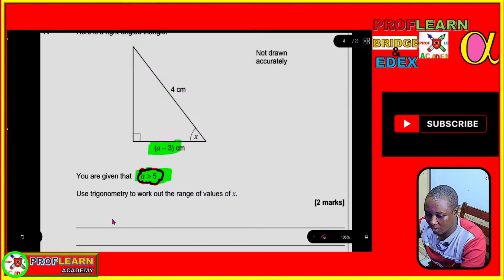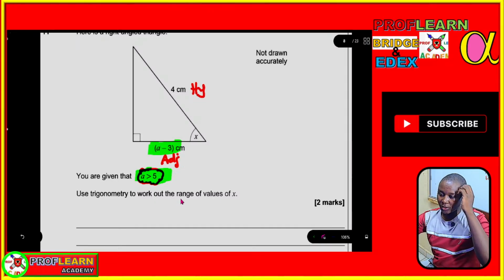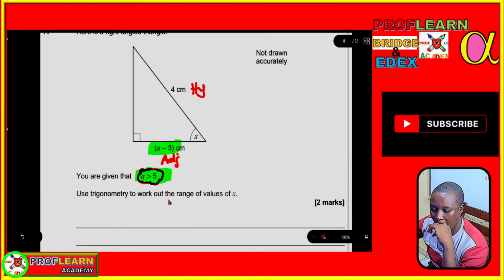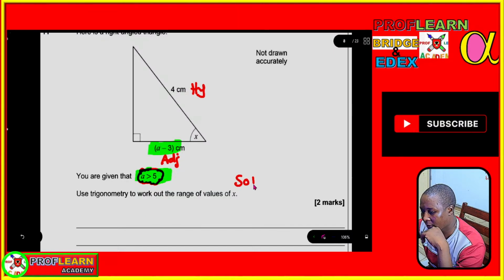So if we substitute, we have adjacent and then we have hypotenuse at this point. So which means that we can use trigonometry SOH CAH TOA in order to work this out.